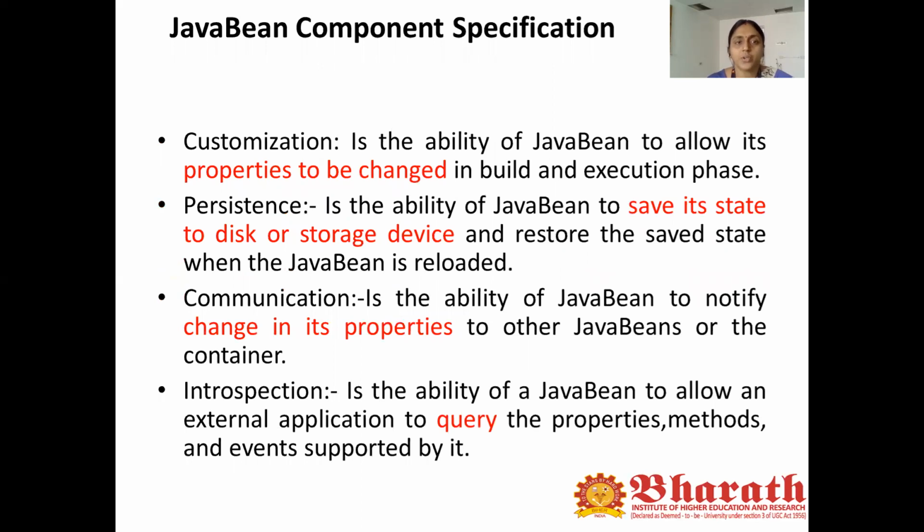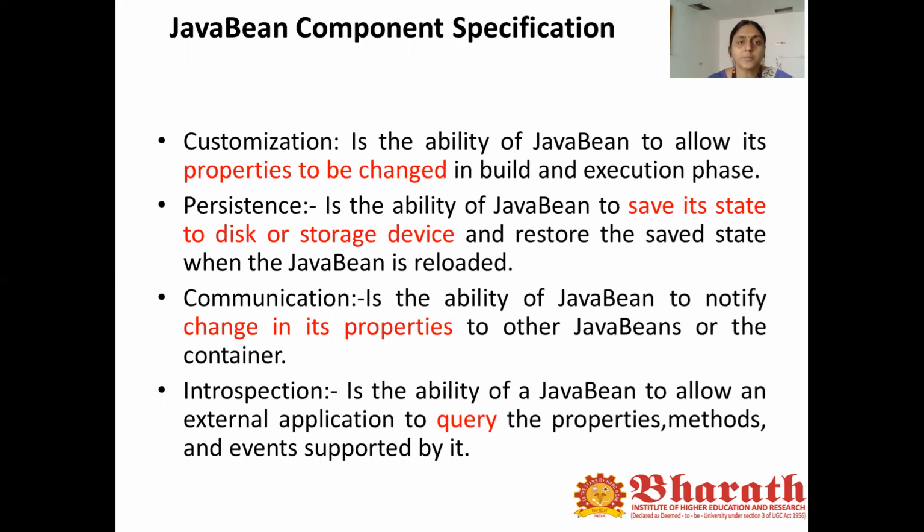Customization allows the properties to be changed in the build phase and the execution phase. It is the ability of the Java Bean to allow such changes and thus customize the software component.